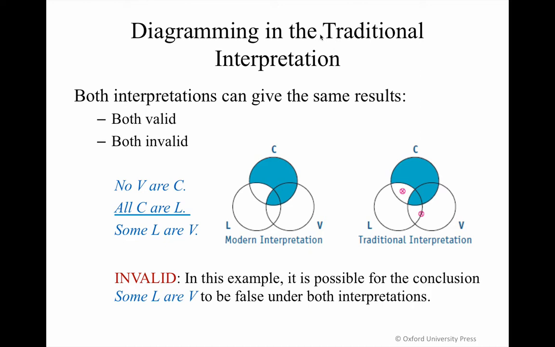Remember, the X that's on the line may or may not be in the area of overlap between L and V, or the area of overlap that reflects the L-V relationship in the affirmative for a particular claim. So the argument is invalid. It's invalid on both the modern and the traditional interpretation.